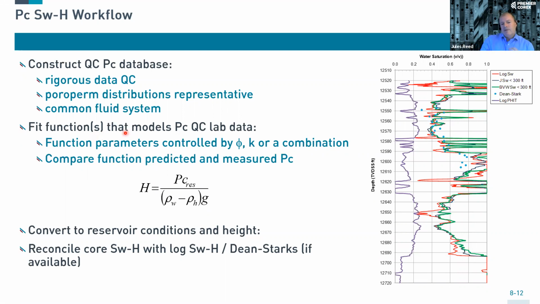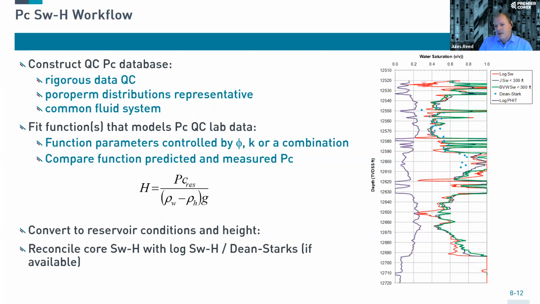But you fit your models; if it's the J function, you calculate the J function for all your samples, you obtain calculations of that fit, and begin to apply it into a capillary pressure for the height. Then convert that into reservoir functions if necessary, and then compare your calculated data.